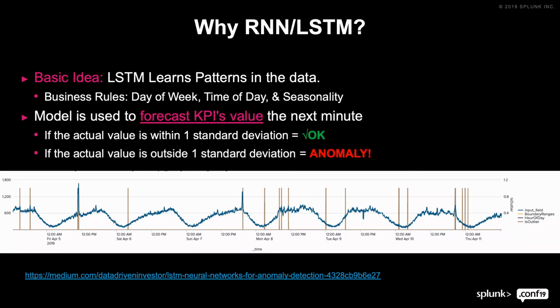What we do is learn the patterns in the data, because an LSTM is a long short-term memory, so it has these memory cells that retain information about each entity and the KPI that was trending through time, and we forecast for the next minute. Then we compare real to our forecast, and if it's within our prediction, one standard deviation, it's okay. If it's outside of our prediction, then it's an anomaly. Fairly simple.